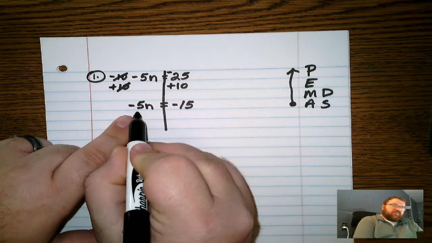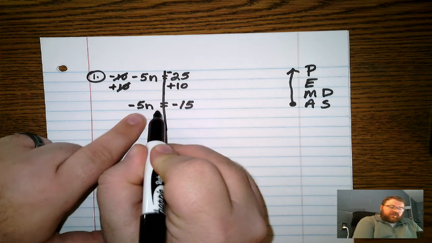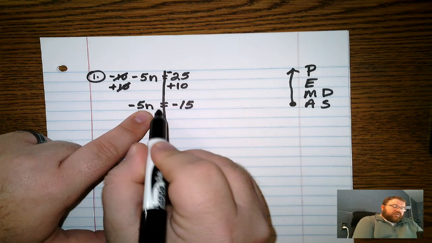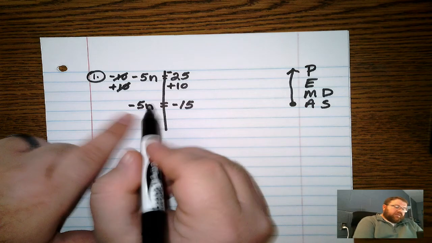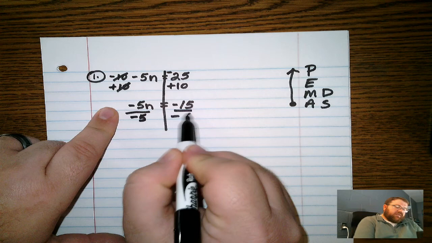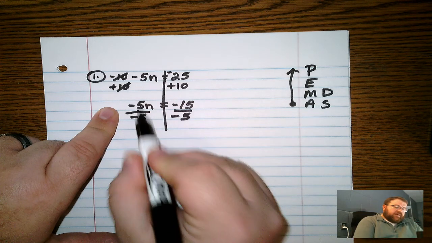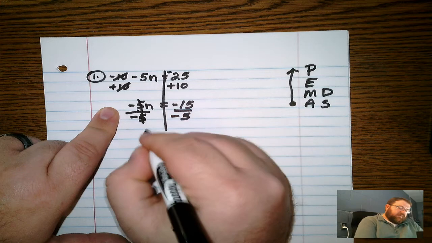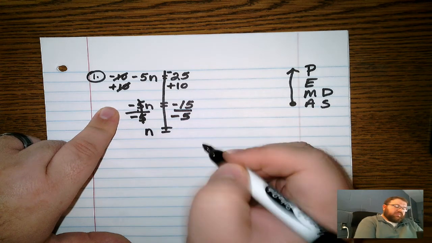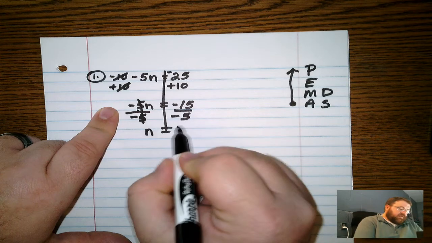So the -5 is trying to multiply your variable. I know that because it's sitting right next to it. So I'm going to then divide by -5 on both sides of the equal sign. -5 divided by -5 is 1, so it leaves me n is equal to -15 divided by -5, which is positive 3.